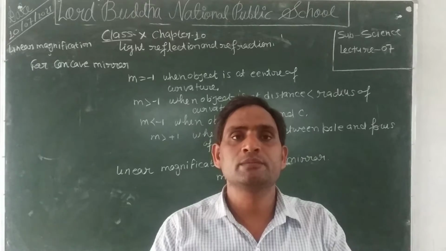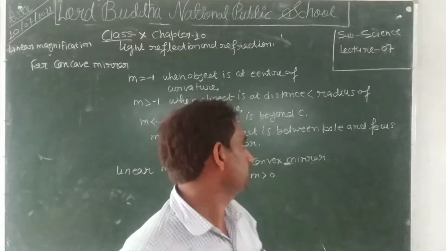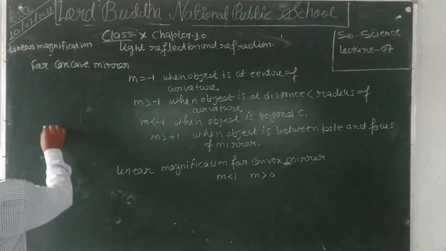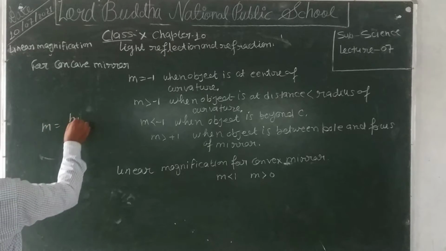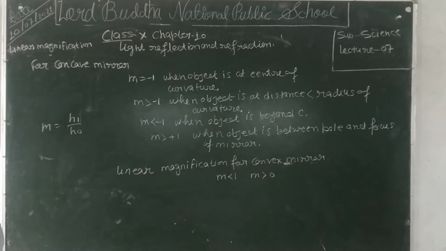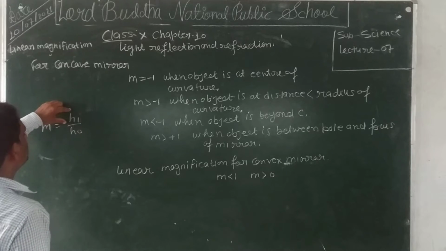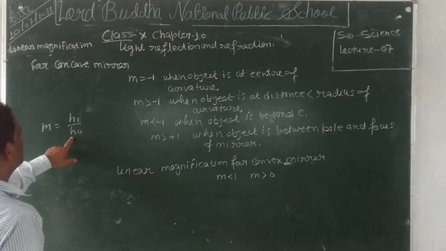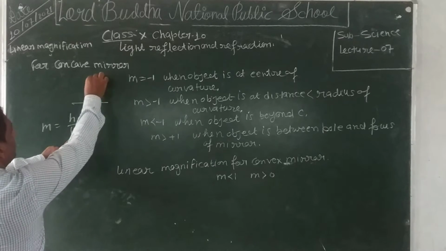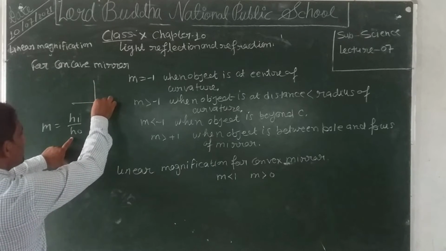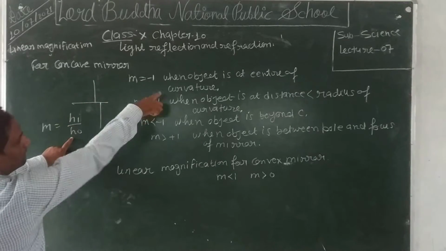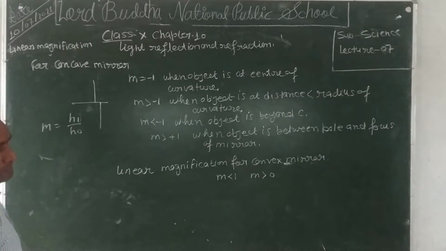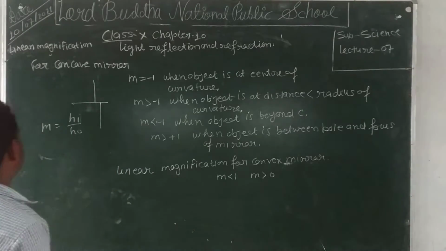As we know, linear magnification m equals hi upon ho, the height of image upon height of object. The heights of object and image are the same but opposite. Hence, linear magnification will be -1.